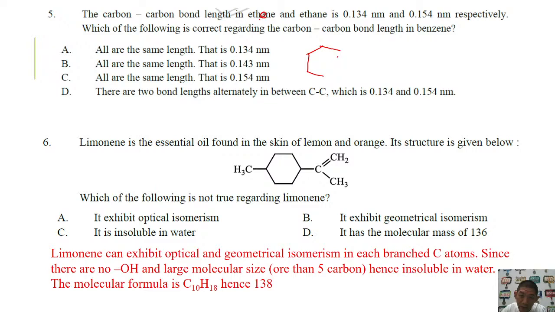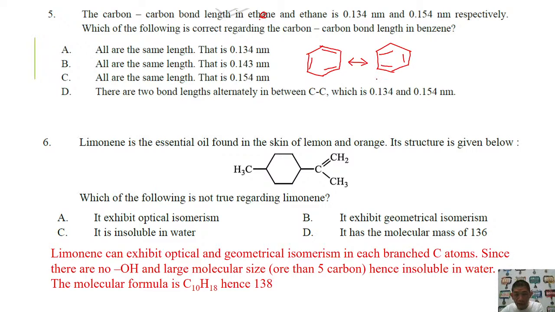In benzene, you have alternate double bonds and single bonds, such as like this. The Kekule structure deduced that benzene has a resonance structure which looks like this. You can see that when they alternate from one to another, the double bond and single bond keep on alternating with each other.